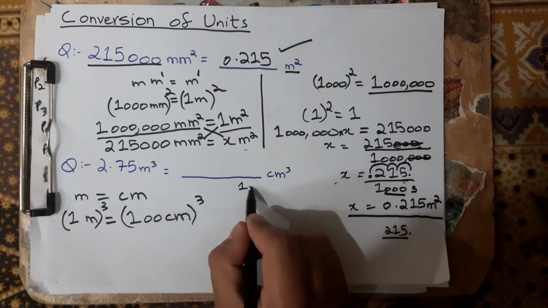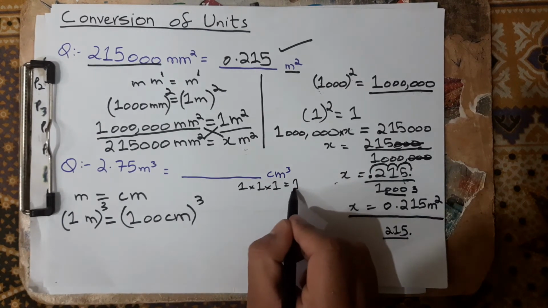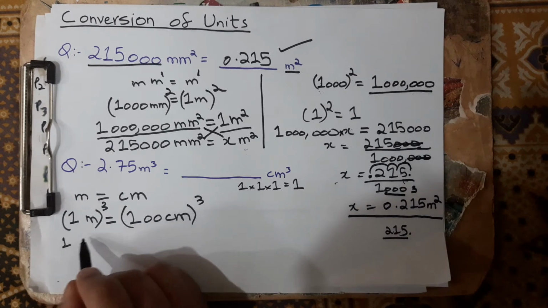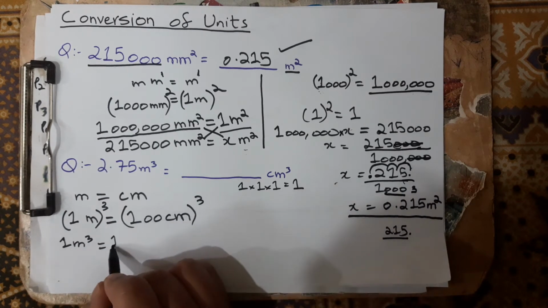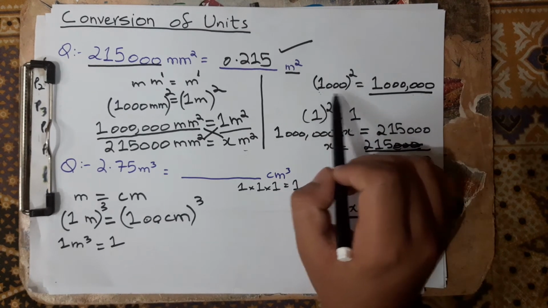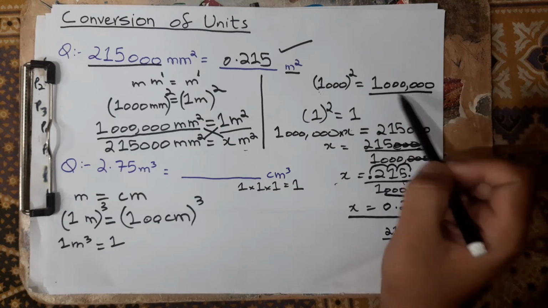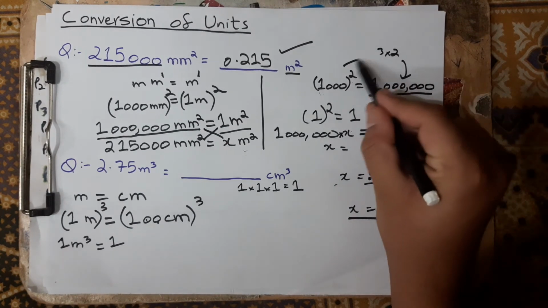So if we calculate the cube of 1, it is 1 multiplied by 1 multiplied by 1, which is equal to 1. So 1 meter cube, and 1 again, and then there are two zeros. In the previous case, if there were three zeros, we doubled them up and they became 3 multiplied by 2, so they became 6 zeros.